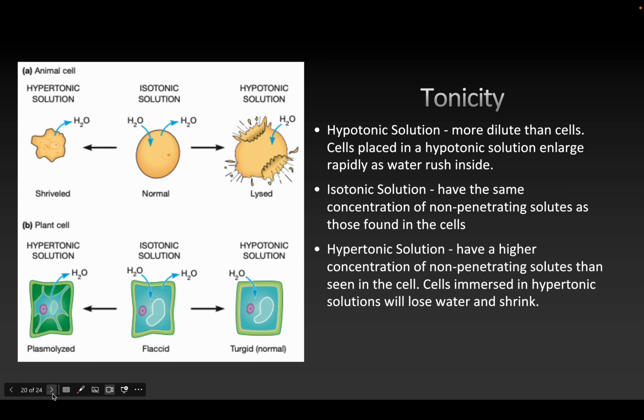For animal cells, this is very demonstrable, but for plant cells, it's quite challenging to visualize when you're observing them, because remember that plant cells have a very rigid cell wall. The cell wall ensures the structural integrity or volume of plant cells, even though they are subjected to either hypotonic or hypertonic solutions.